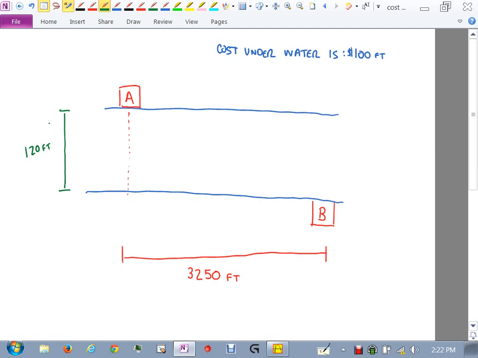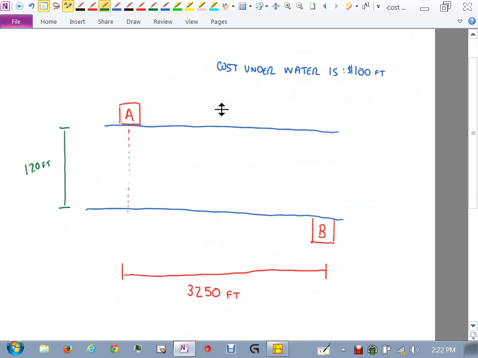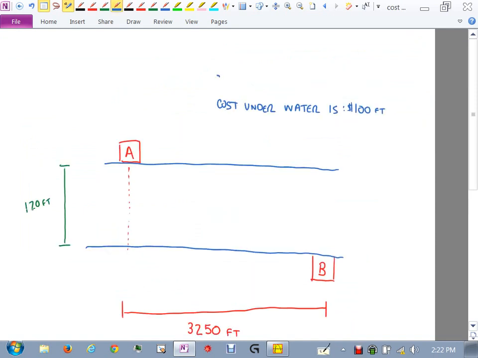So they're going to charge us $100 a foot to lay that underwater. And how much on land? Wait, no, not above ground. Underwater is at, okay, under land, all right? That kind of doesn't make sense, but you understand what I mean, right?